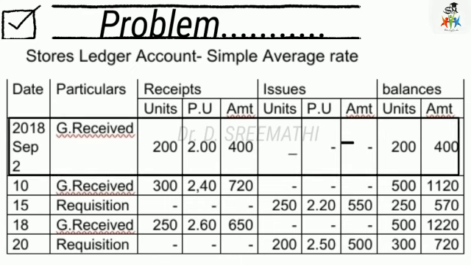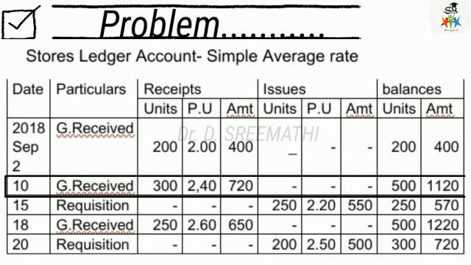On the first day when the goods are received, you put 200 units at 2 rupees per unit, so the total cost is 400, and the same will be in the balance. The next time goods are received, it is 300 units at 2 rupees 40 paise per unit, so the amount is 720.